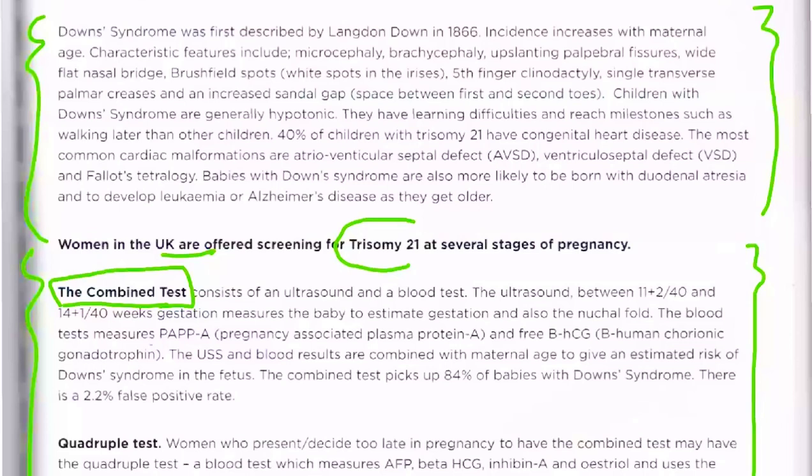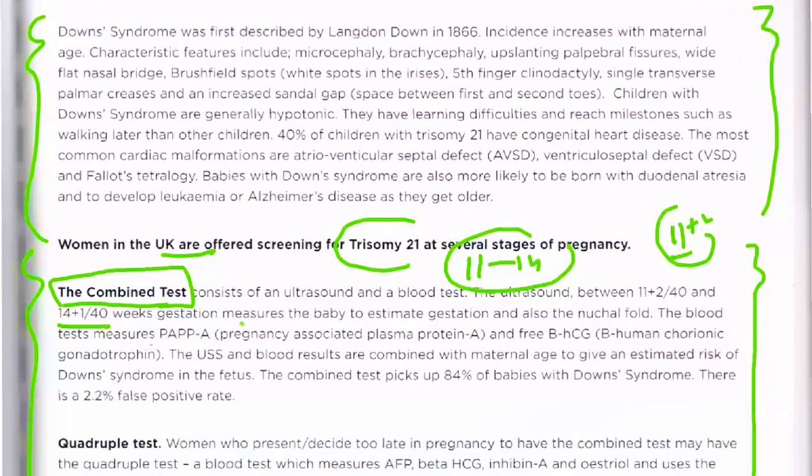Your combined test is usually done from 11 plus 2 weeks, from the 11th week of gestation. We usually perform it up to 14 weeks, so we can say 11 to 14 weeks of gestation we can go for the combined testing. What is combined?